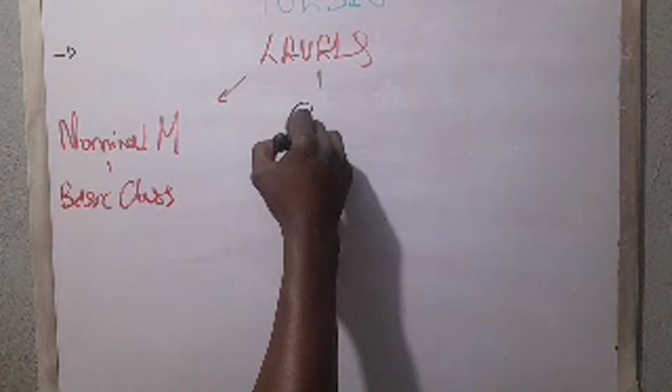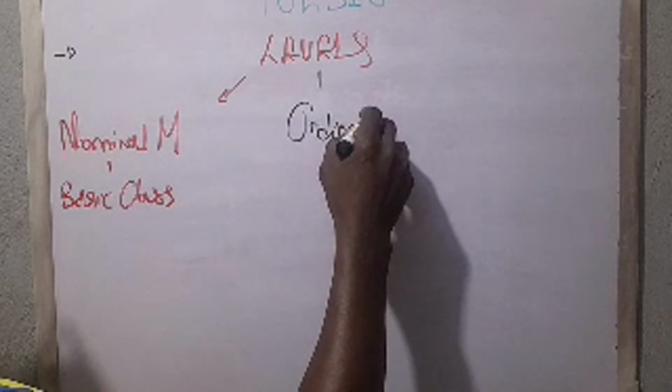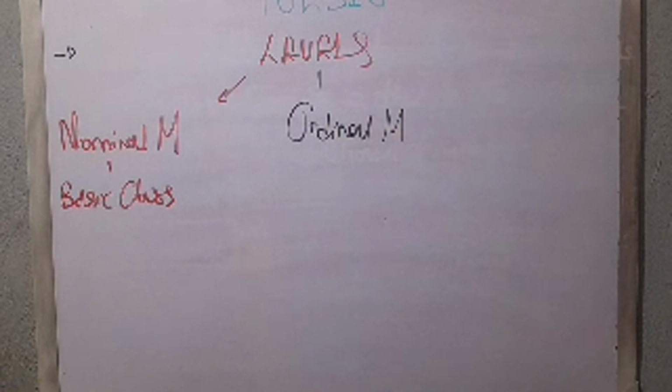Then we have the ordinal measurement. Now, for the ordinal measurement, this enables researchers to rank or order their subjects or the responses of their subjects in ways like greater than or less than.